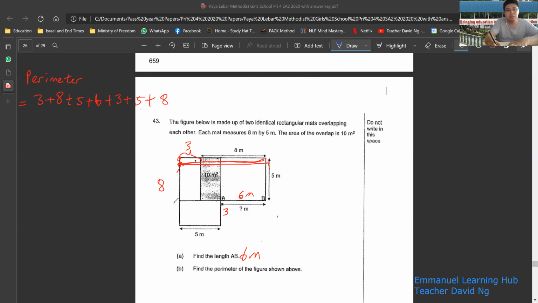So 3 plus 8 plus 5 plus 6 plus 3 plus 5 plus 8. Understand? You do it this way, you won't repeat the count again, and you won't miss out on the side also.